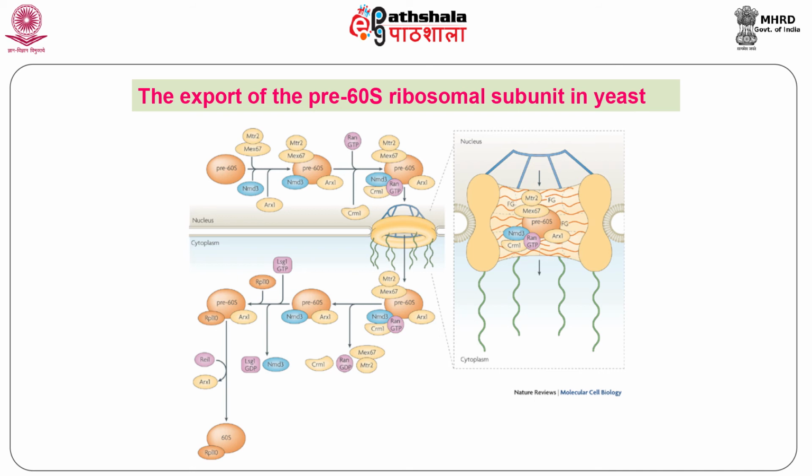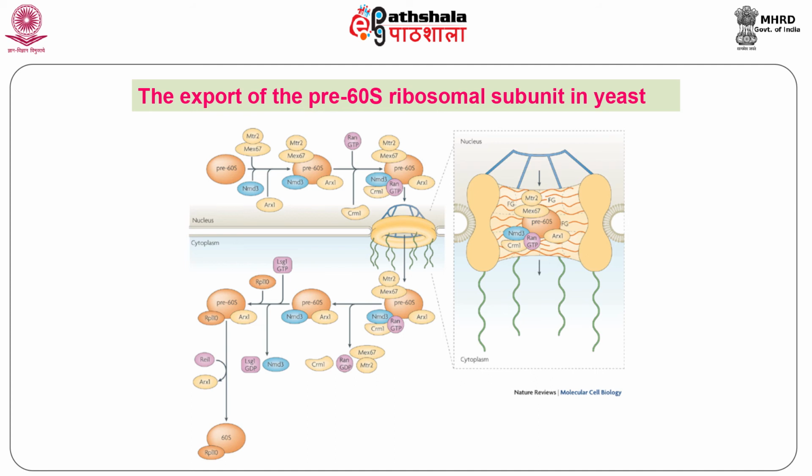The other export receptors MEX67 and MTR2, also ARX1, can bind directly to the pre-60S subunit. The large complex is then translocated through the nuclear pore complex.